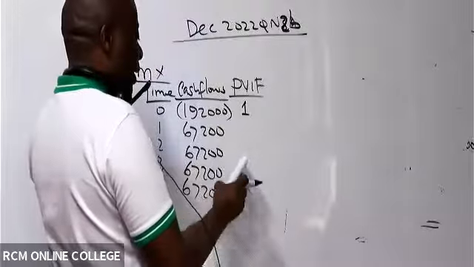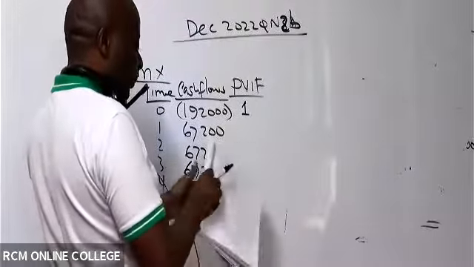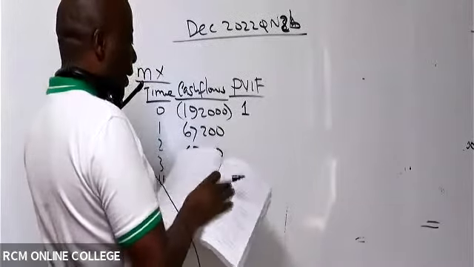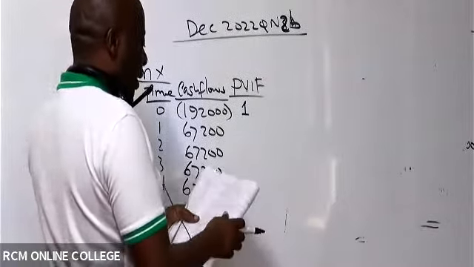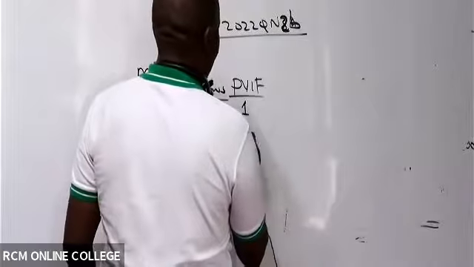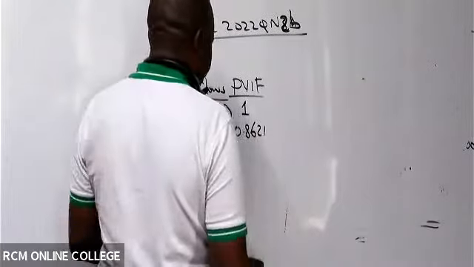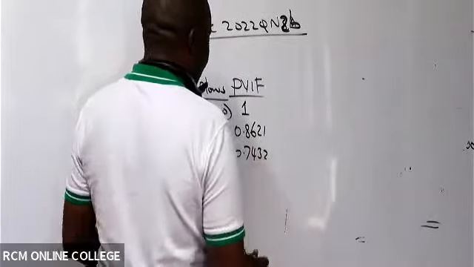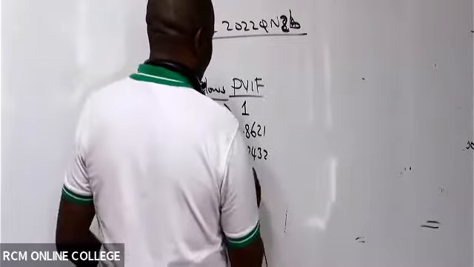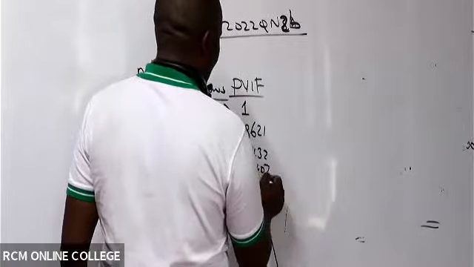And then now you can see they have given me the other years' PVFs. The first one is 0.8621. Then we have 0.7432. Then we have 0.6407.